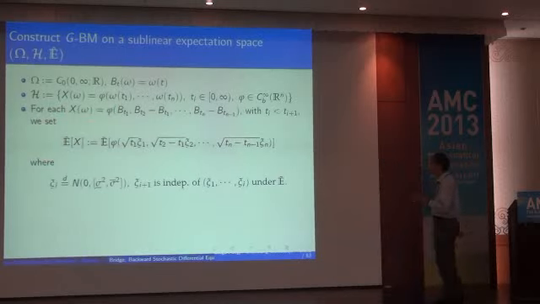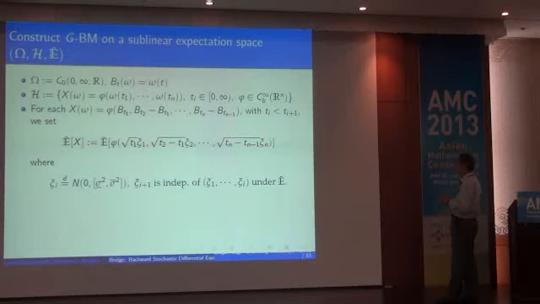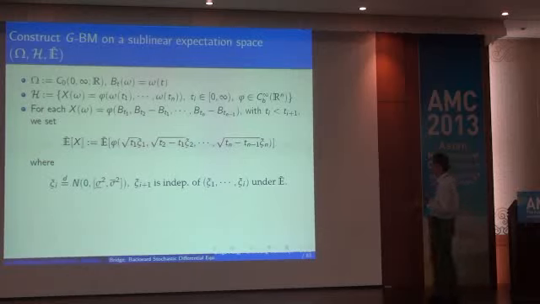And then for each X defined like this, we can set a sublinear expectation defined by this. Where this is the G expectation, this is the G normal distribution. But we assume that psi i plus 1 is independent of psi 1 to psi i, and each psi is normally distributed in the Knightian sense.